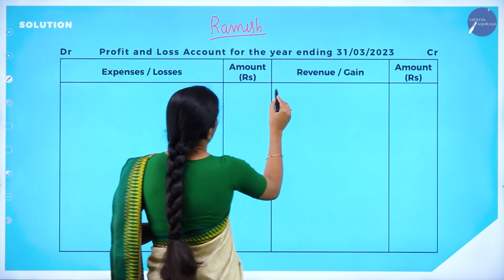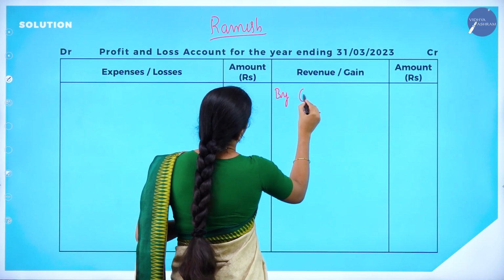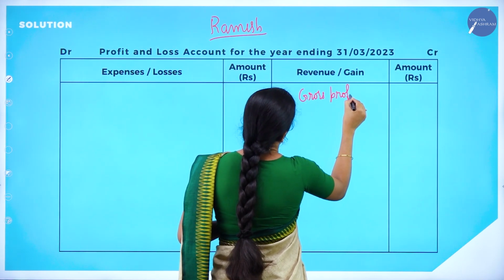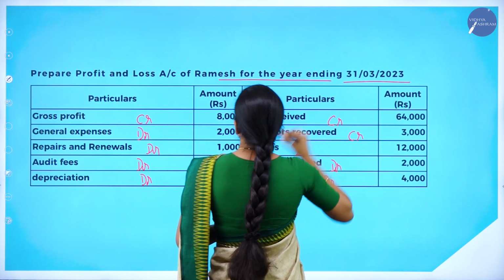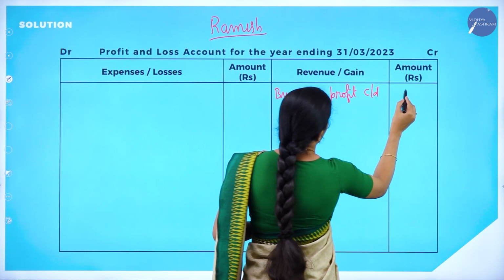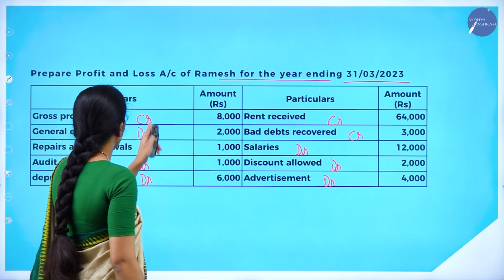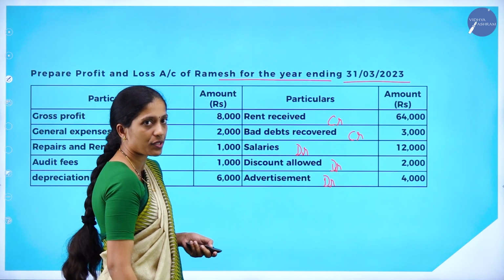So by gross profit carried down, and the amount is 8,000. Next we shall record what are the items to be recorded in the credit side.